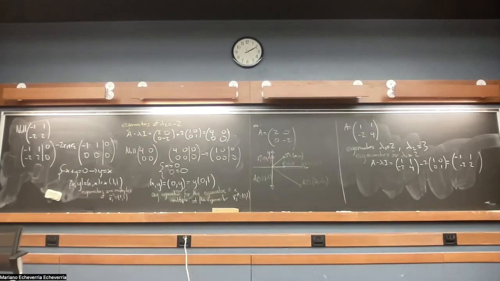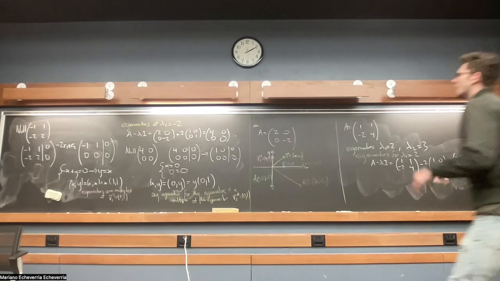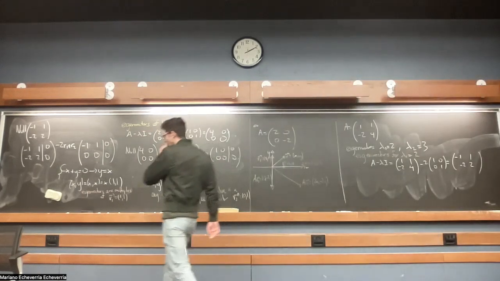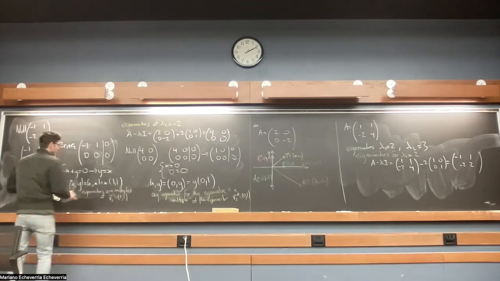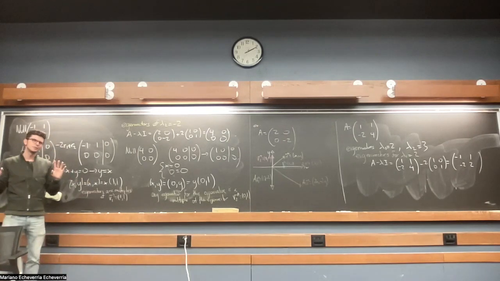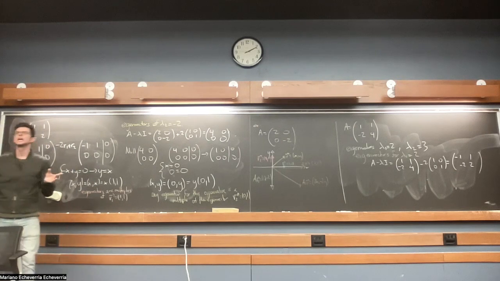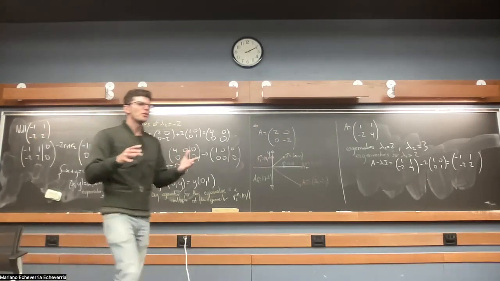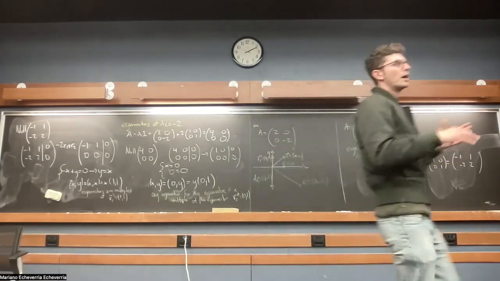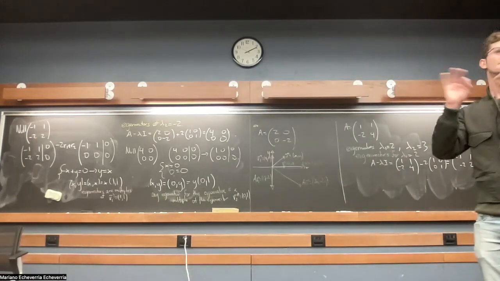So far, so good. The only thing I'm going to say about this is that when I say multiples, in practice it doesn't matter too much, but just remember that the vector 0 is not allowed as an eigenvector, just to make our lives easier. So the multiple has to be a non-zero multiple so that you don't get the vector 0. Besides that, the null space is really made up of eigenvectors except for the vector 0.